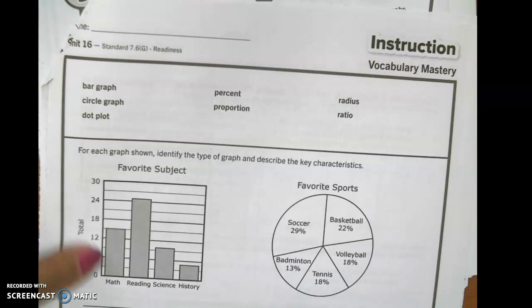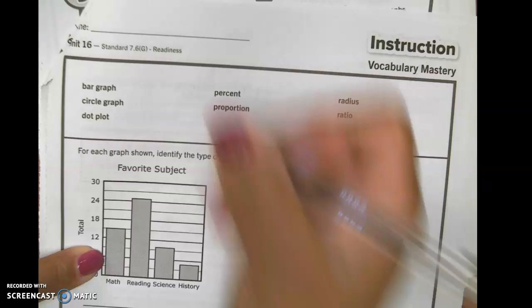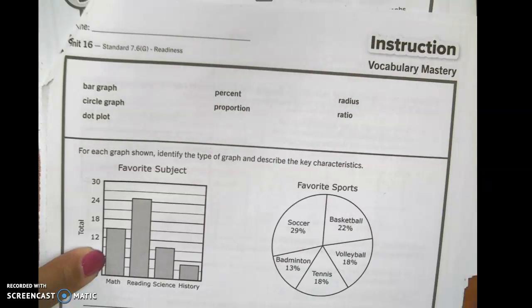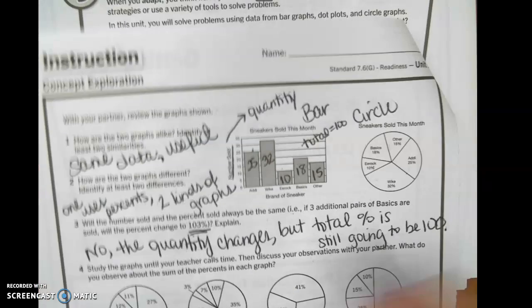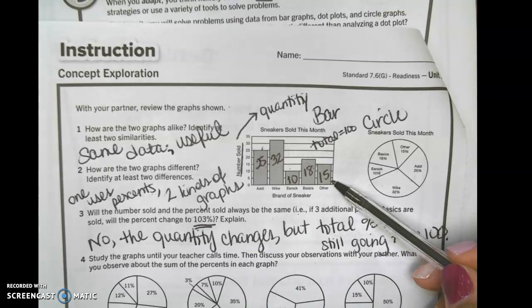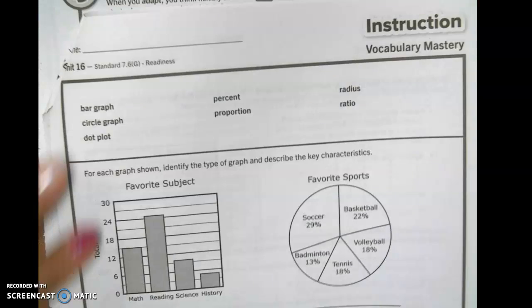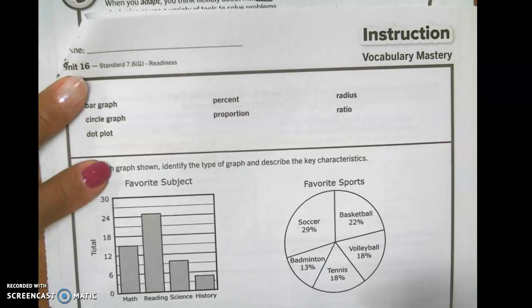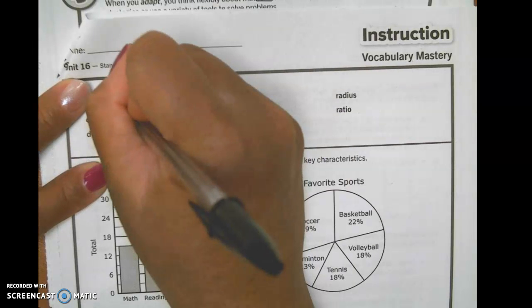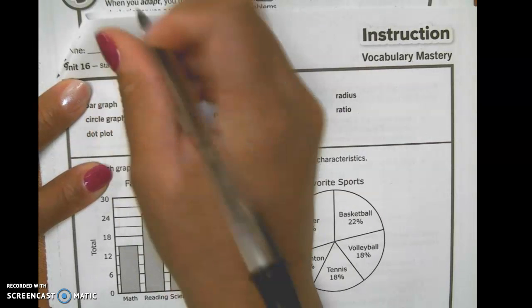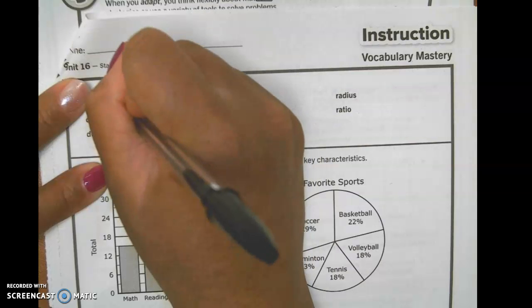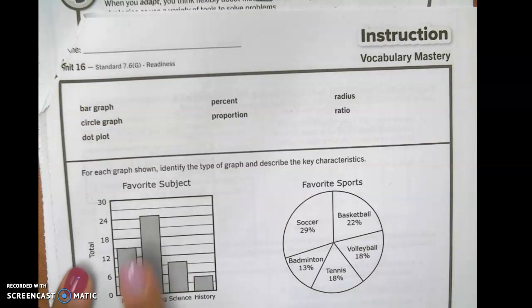Bar graph. What does a bar graph show? Okay, but is this what all bar graphs show? Because didn't we just look at shoes? So what do they do? How do they display data? They show the number. They show the quantity of it. The quantity in a what? Starts with the G. Each one is a what?